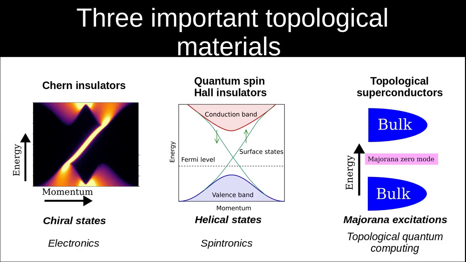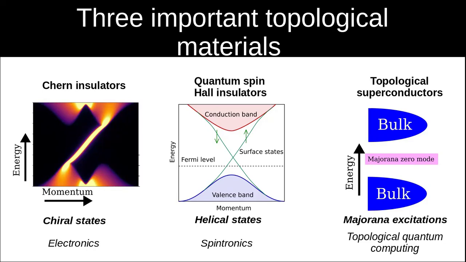There are, of course, other types of topological states, and in particular, there's one very special one called the quantum spin Hall state, that in practice consists of two copies of a Chern insulator. You can think that you have one Chern insulator for spin up, and then you have the opposite Chern insulator for spin down.